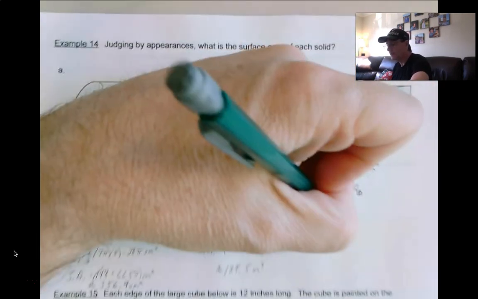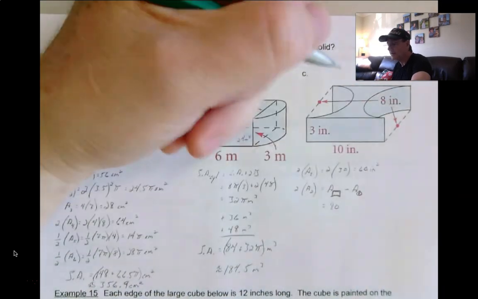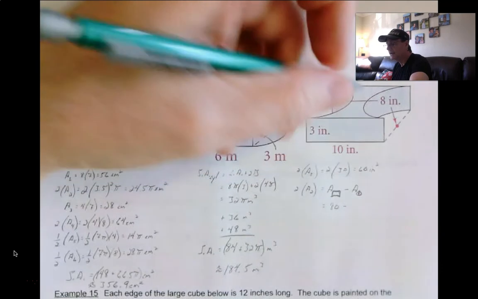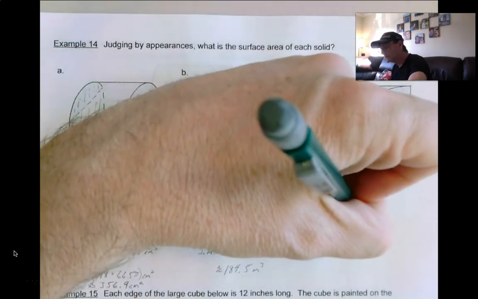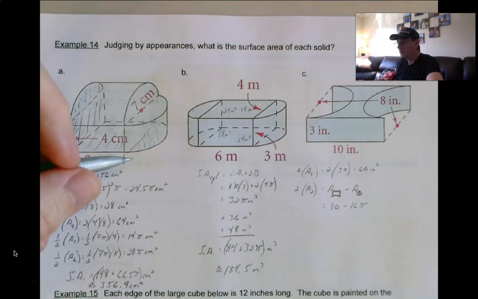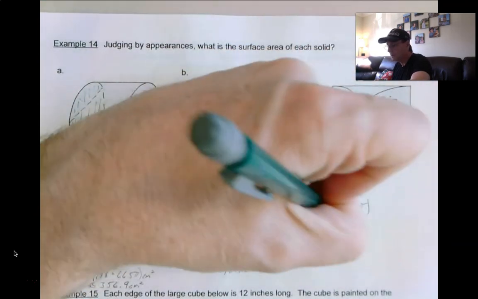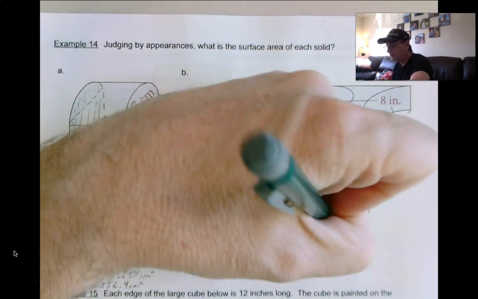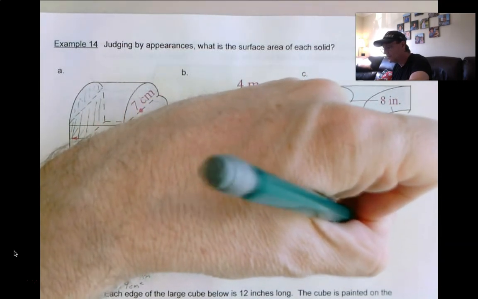So area of the rectangle is 80, 8 by 10, minus area of the circle, radius is 4, so 16 pi times 2 times 2. So 160 minus 32 pi inches squared.